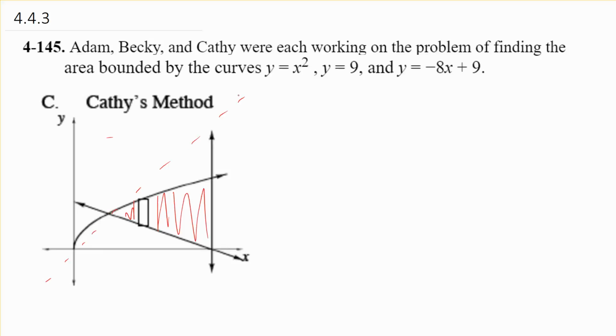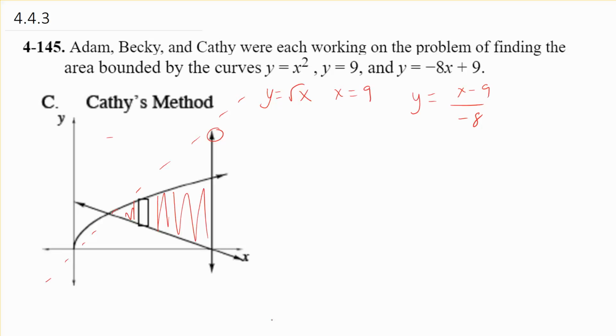So if she's reflected it over the line y equals x, she's actually kind of done the inverse stuff, hasn't she? So this is going to be y equals square root of x. This is going to be x equals 9. I can see that right here. And then this is going to be y equals x minus 9 over negative 8.